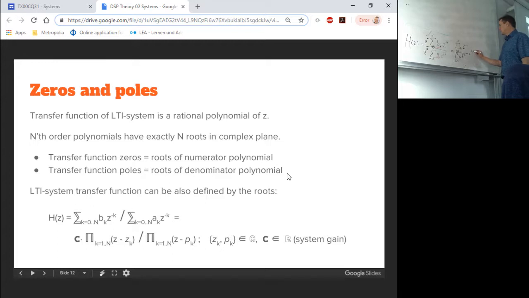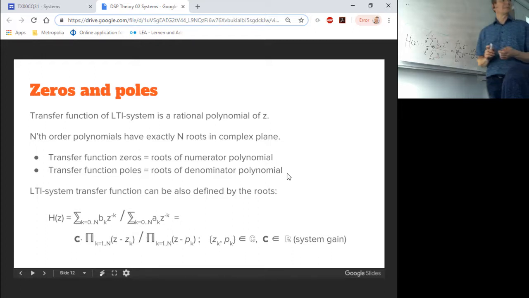I have b0 times z to n plus b1 z to n minus 1, and so on, plus bn times z to n minus n, which is 0. And for the denominator, A0, A1, z to n minus 1, and so on, not B, A0, take it over, to An.